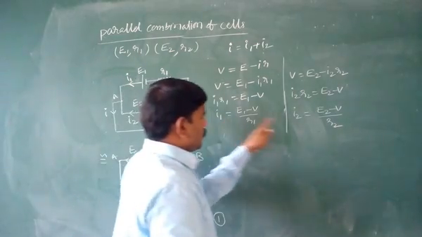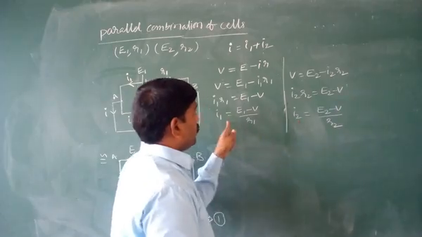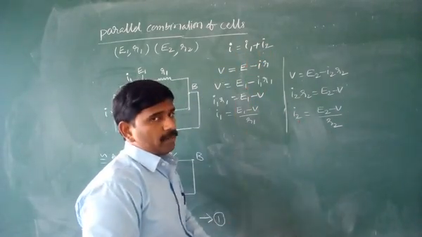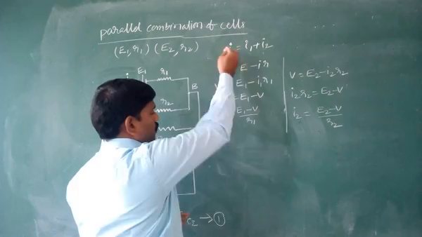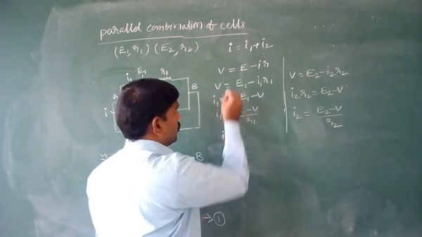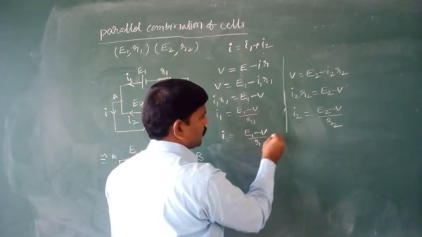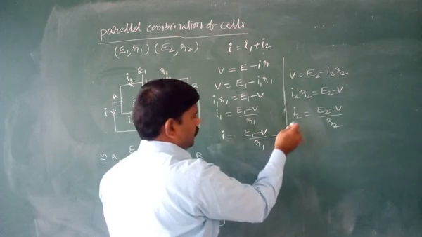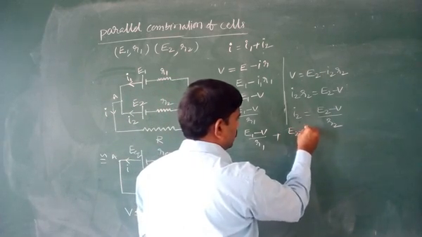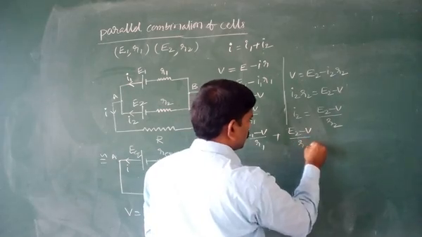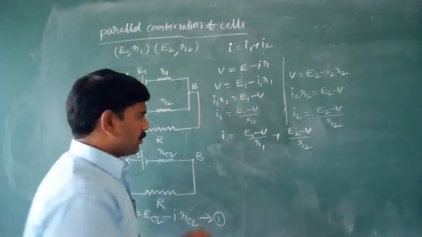So observe these two values. Substitute the I1, I2 values in I is equal to I1 plus I2. Therefore, I is equal to I1, which is (E1 minus V) by R1, plus I2, which is (E2 minus V) by R2.